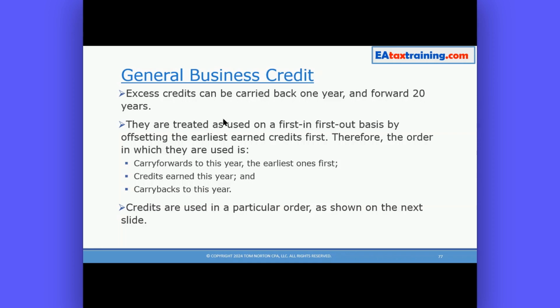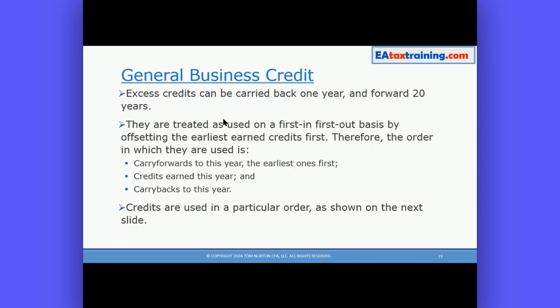Therefore, the order in which they are used is carry forwards to this year, the earliest ones first, then credits that were earned this year, and then carrybacks to this year from future years. That's the order in which these credits are used.